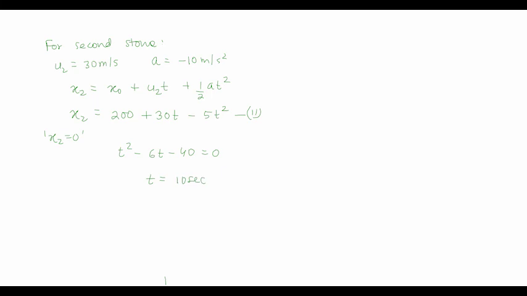So from the equations of x1 and x2, we can say that we are now talking about the relative position of the two stones. The relative position of the two stones can be written as x2 minus x1.